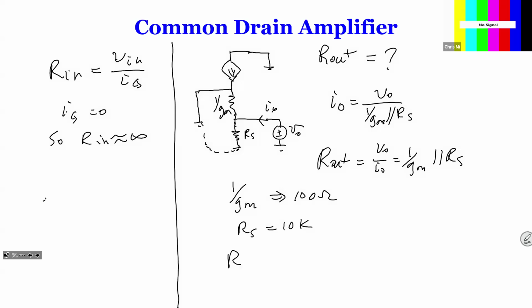So how much is R out? 100 in parallel with 10K, you really get roughly like 100 ohms.